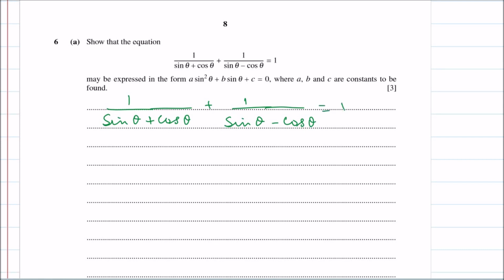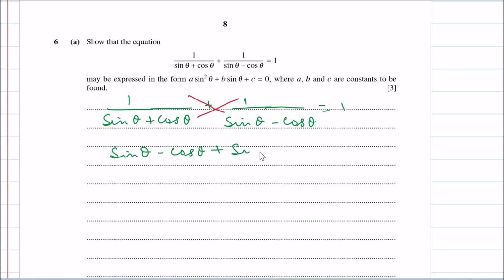Now we simplify and write as a single fraction, so by cross multiplication, sin theta minus cos theta will come here at the top. There is a plus sign, so put plus, and the sin theta plus cos theta goes there on the other side.